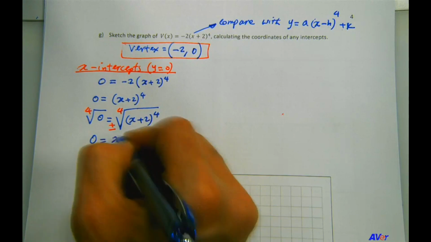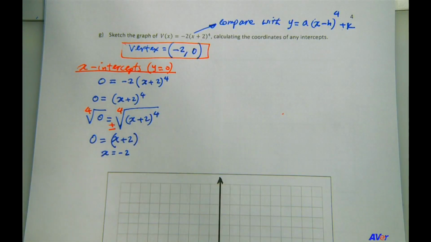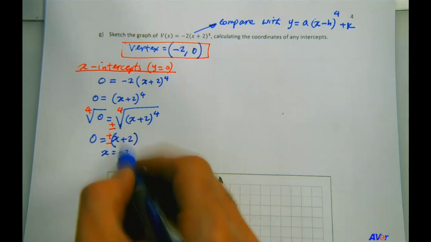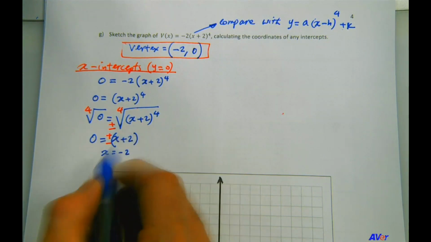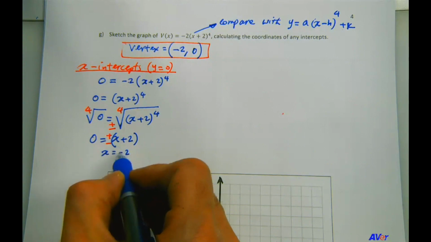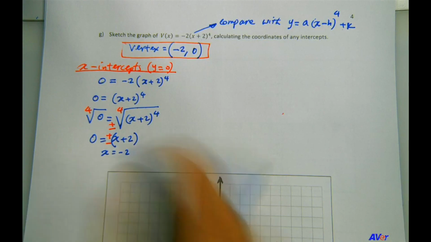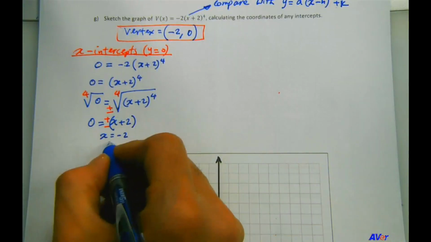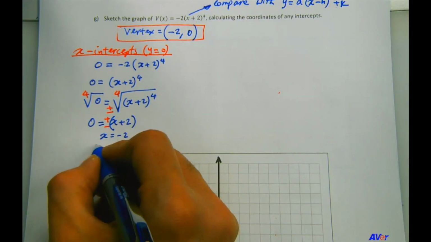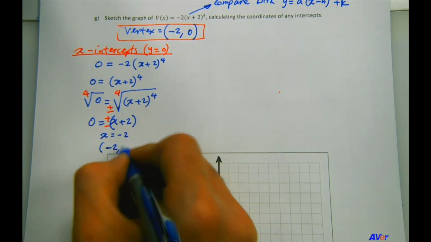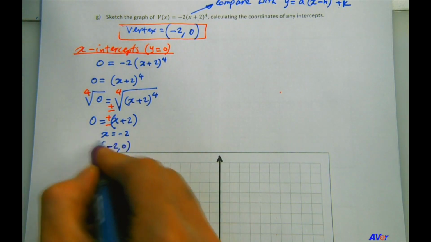So we have plus or minus, and therefore x plus 2, x equals -2. So one of the x-intercepts is what we have already, which is -2 comma 0. That's one of the x-intercepts.